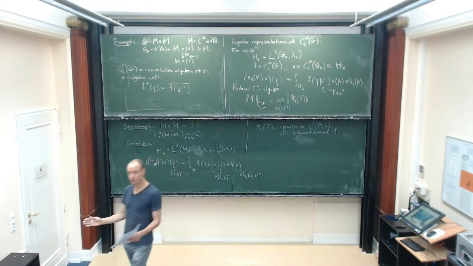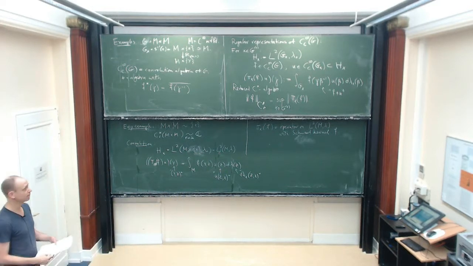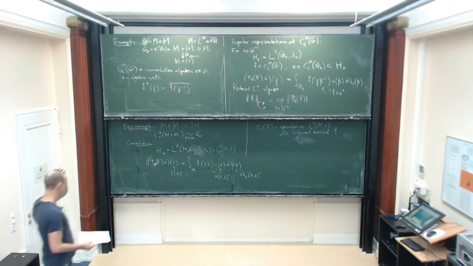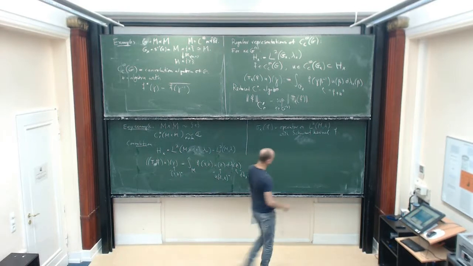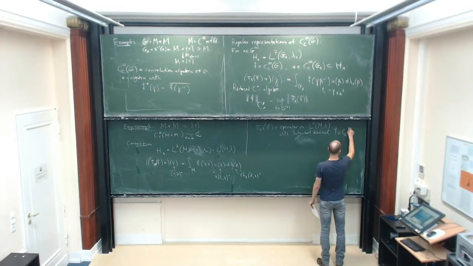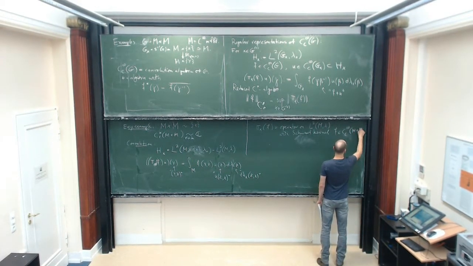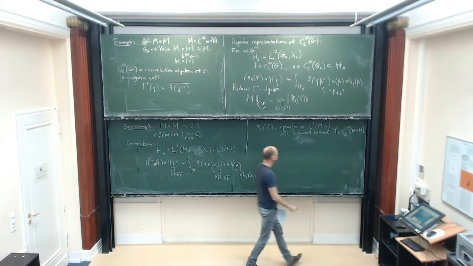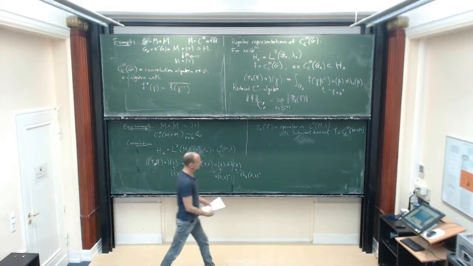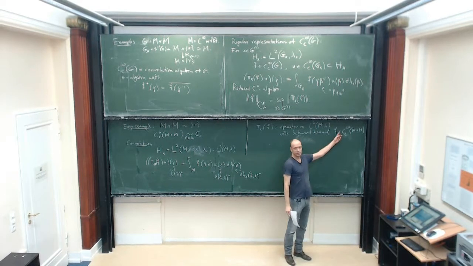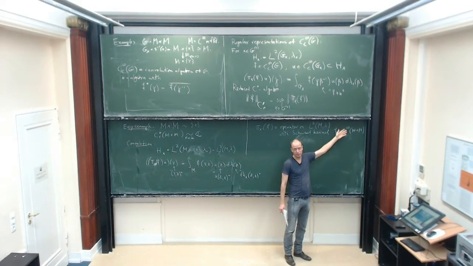Right, f is a function of M cross M, so it's just orthogonal. And okay, then these are compactly supported smooth functions, so they're in L2. If the kernel's in L2, you get a Hilbert-Schmidt operator. A Hilbert-Schmidt operator is compact.